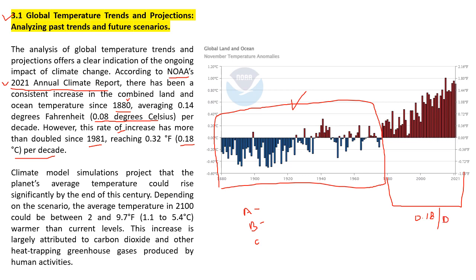So this is the problem, and this figure is showing only the November temperature anomalies. There are other months also, which you can see with the help of this report. So there is a problem.